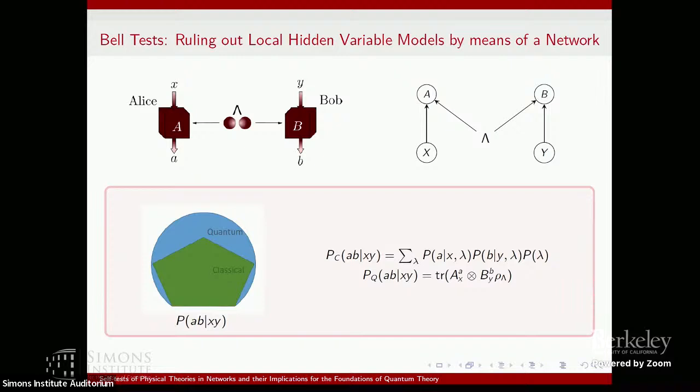It's just a way to have, if the parties are space-like separated, independent measurements that they do on some shared system. What we know is that in this case with quantum systems, if we think of this as a probability distribution space, we can recover everything that we can get classically, but there is more.